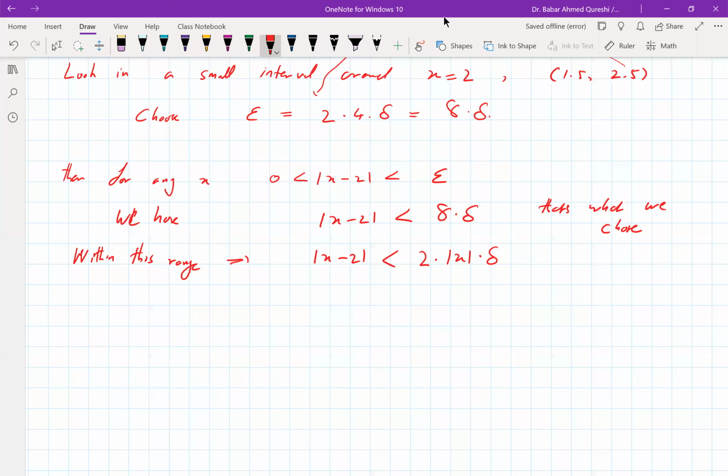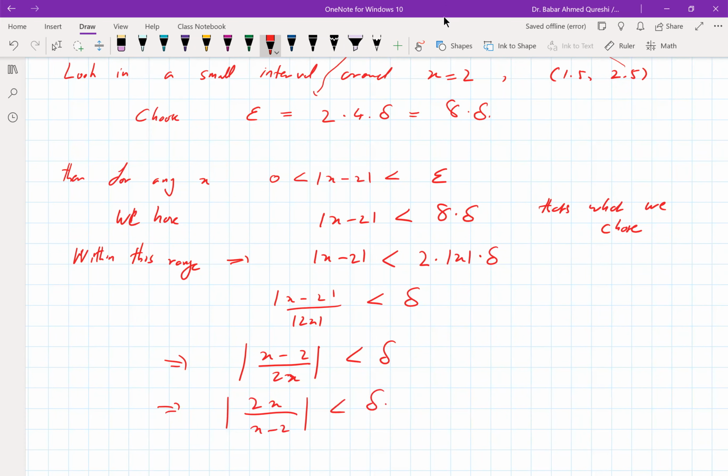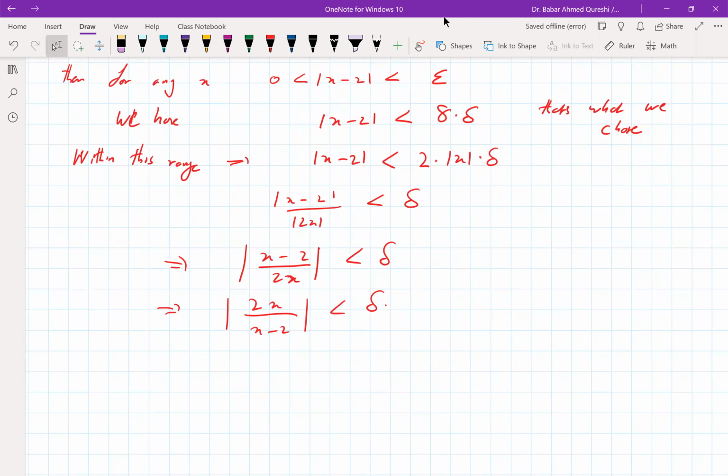And now I can do, and that is obviously equal to 2, sorry, x minus delta. I didn't have to invert it here.